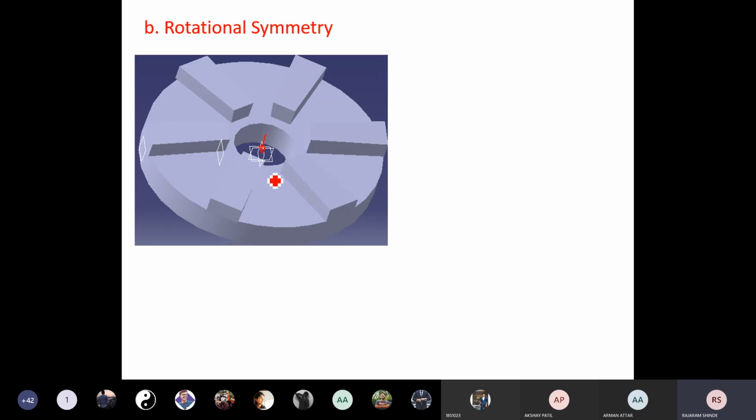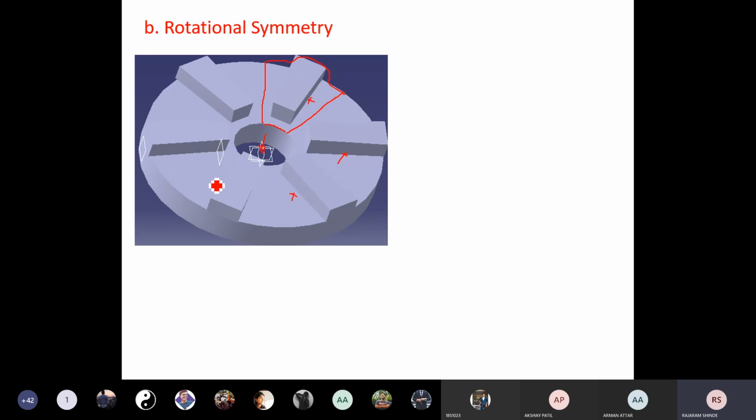Am I right? So it is not necessary to model the complete domain of this problem. Here also you can model only a representative part of the model, and see this representative part. This part you can model only, and the results of this part you can use for complete analysis of the domain. That means whatever results you are getting here, that same result you will get here.